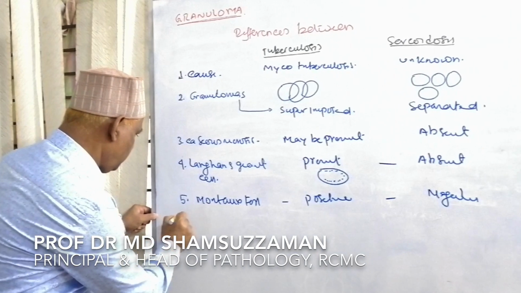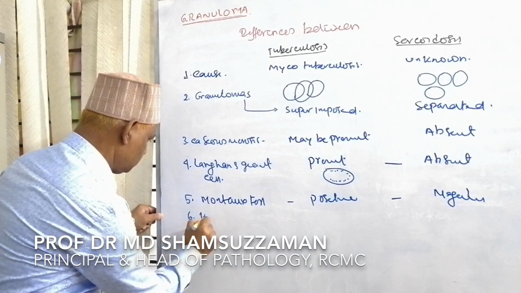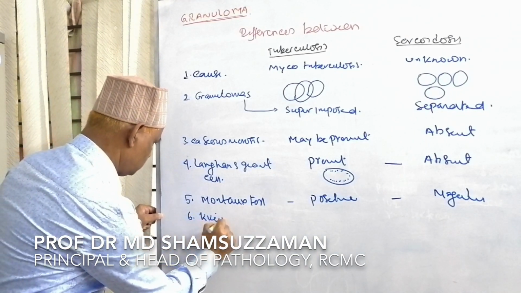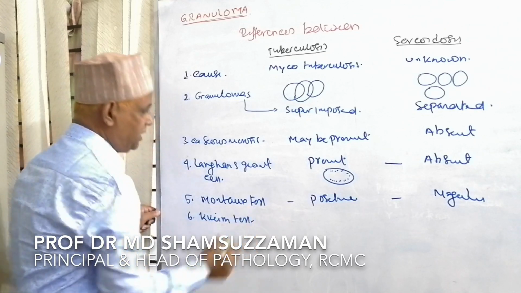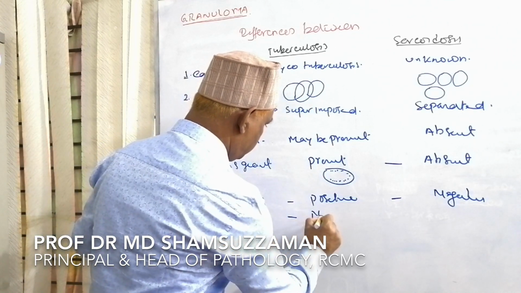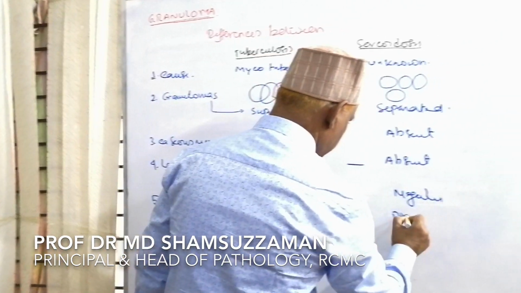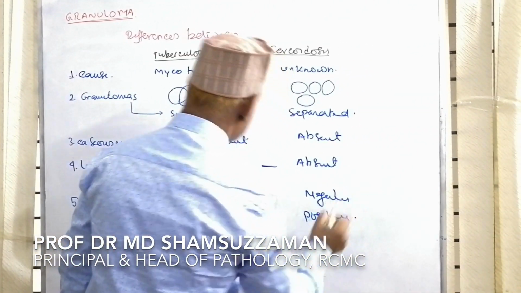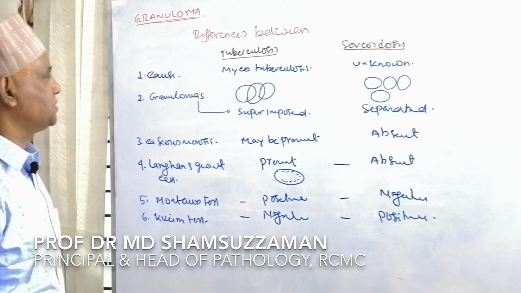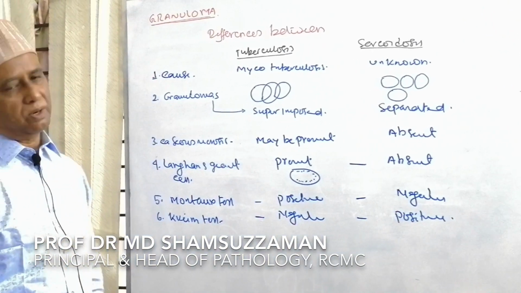Another is the Kveim test. The Kveim test is negative in tuberculosis but positive in sarcoidosis. So these are the differences between tuberculosis and sarcoidosis.